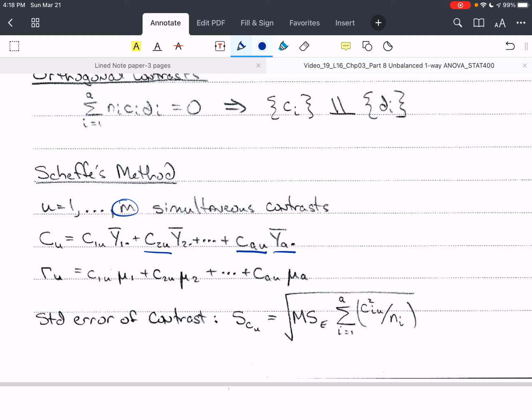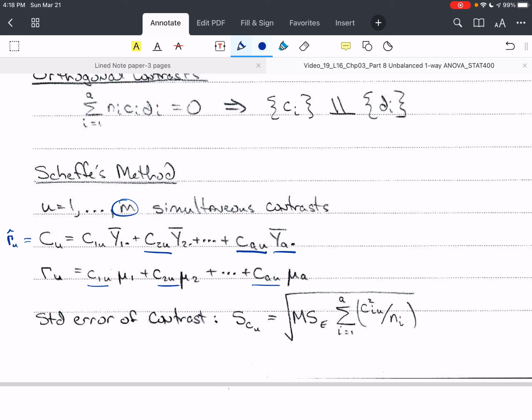And then this is the estimate. So you could call this gamma hat of u if you wanted to. So it's an estimate of gamma. And of course, gamma is the same constants multiplied by the treatment means. Of course, we don't know those values.